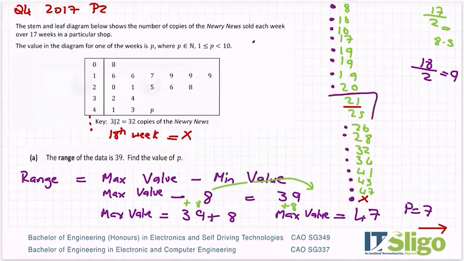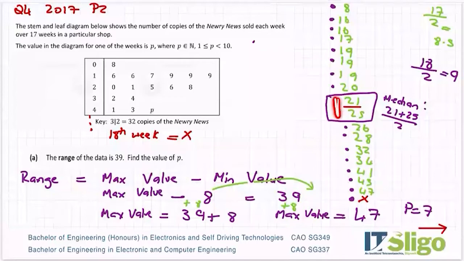And just like the point I was making earlier, I didn't realize this example was here. Now we have 2 values in the middle taking up our median spot. So your median would be 21 plus 25 divided by 2, in other words halfway between these two, so you get 23 for your median.